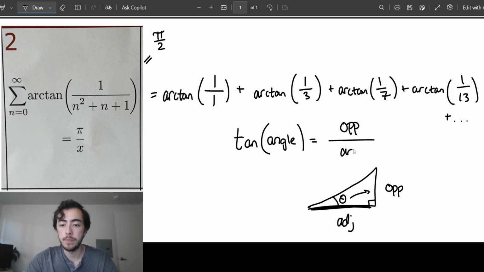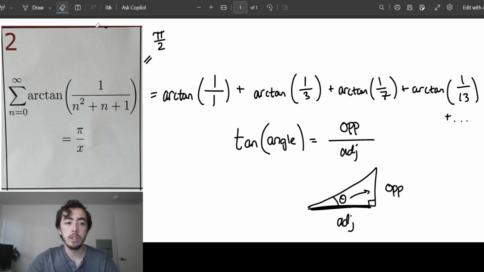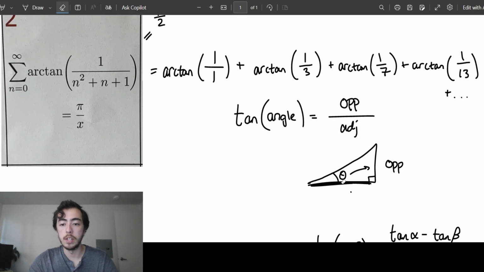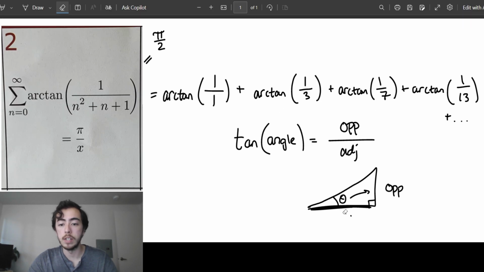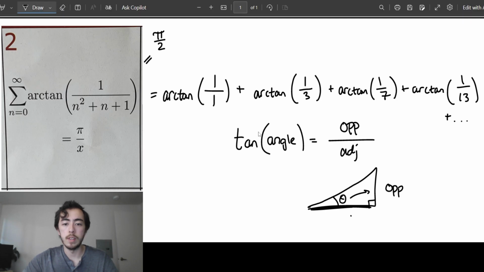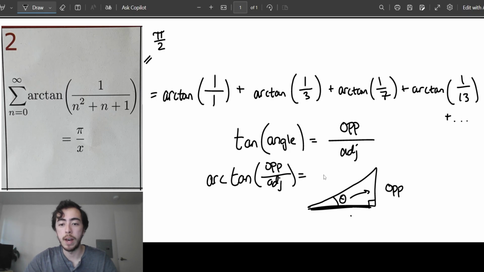And the only difference between tangent and arctangent is that arctangent is the inverse function. So it will just flop the input and output of the original tangent function. So we have arctangent of, and then we'd input opposite over adjacent here, and then we'd get back some angle.